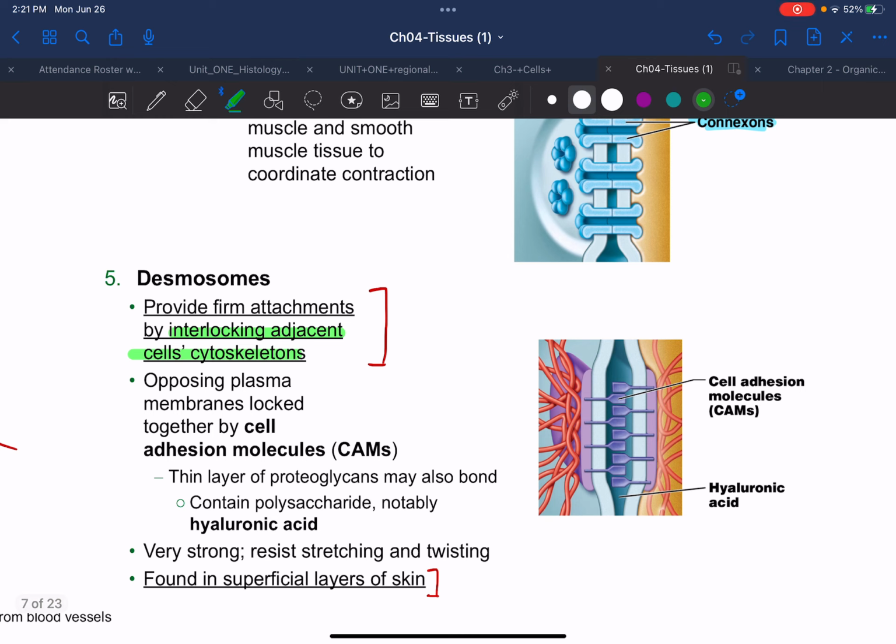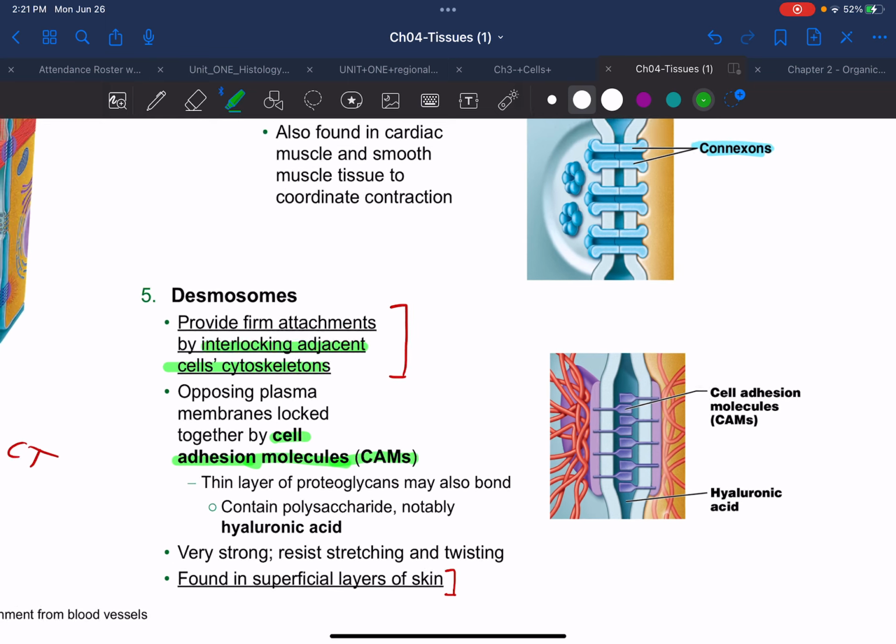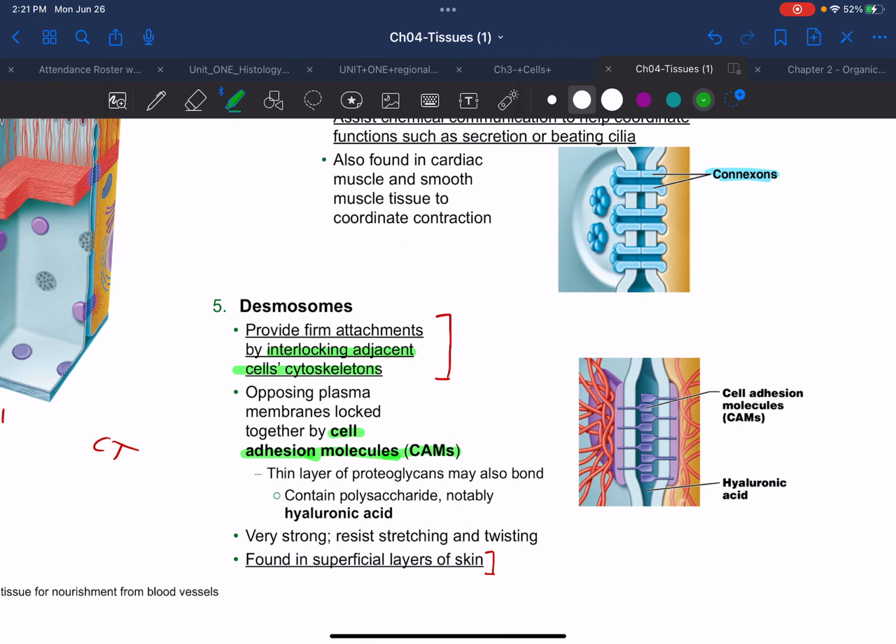They work by having these very glue-like molecules. That's what the word adhesion means, right? Like a glue. And so cell gluing molecules. We refer to them as CAMs. And do not worry about this other bolded fact.